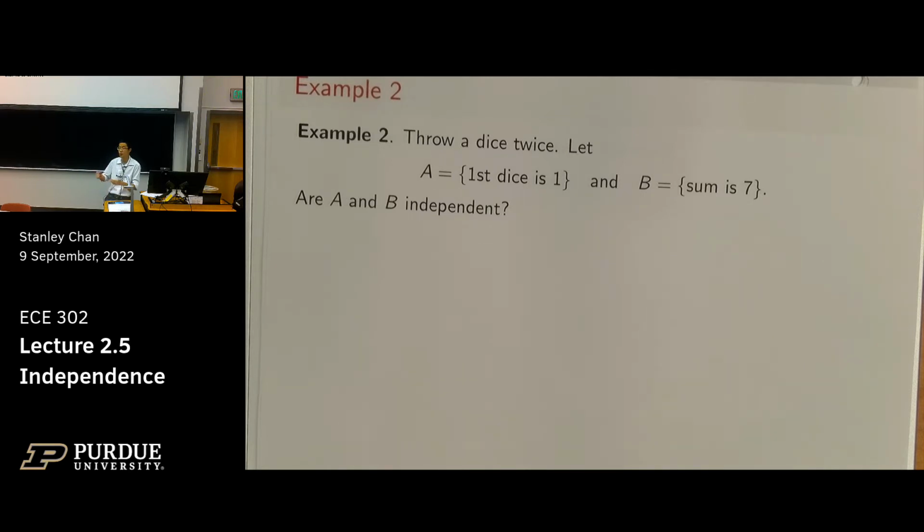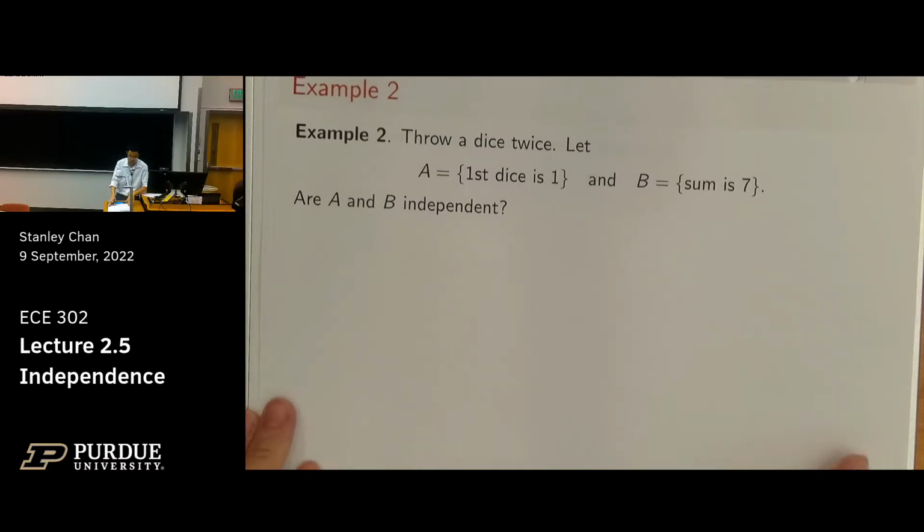And clearly, if I know that the sum is 7, that is going to interact with the first event, because if I got a 1, it's going to have some interaction, or vice versa, right? If I know that my first die is 1, then the chance of the sum being 7 should have some interaction. And we tend to think that there will be dependence. Okay? And now let's look at this definition, and then we can go back to the intuition again.